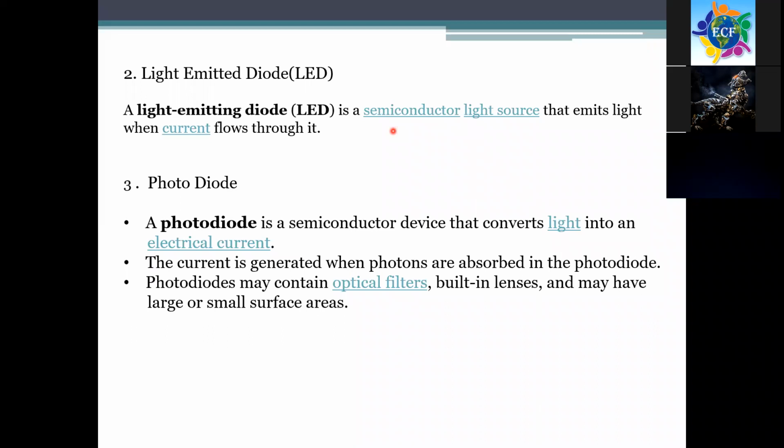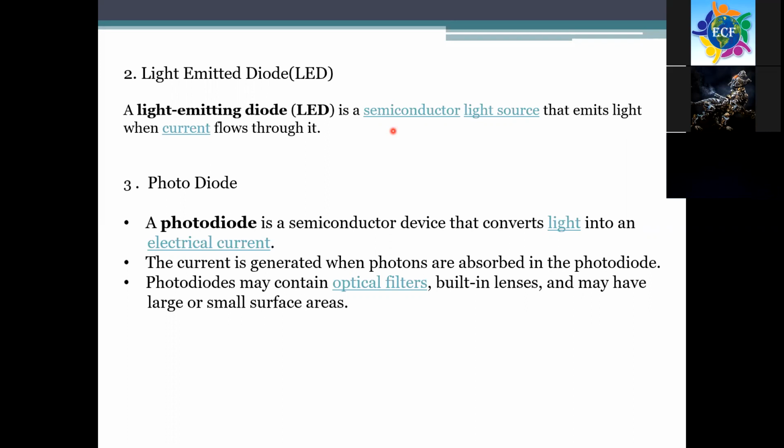And the third one is your photodiode. The function of this diode is opposite of your LED. When light is incident on it, it conducts. It is manufactured with cadmium selenide, cadmium sulfide in addition to germanium and silicon.